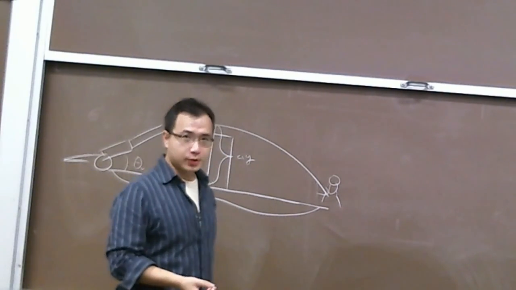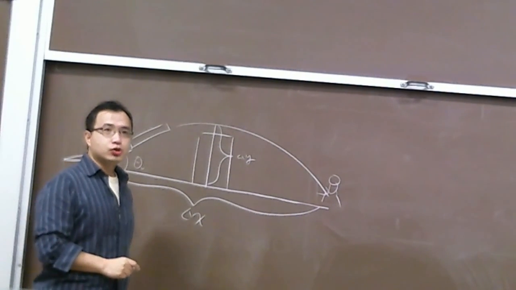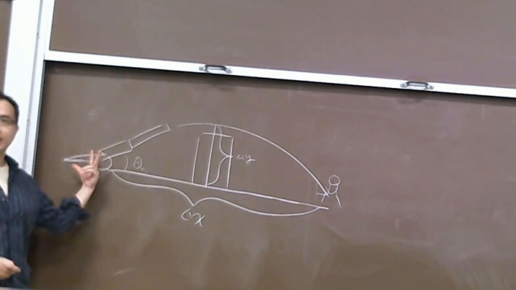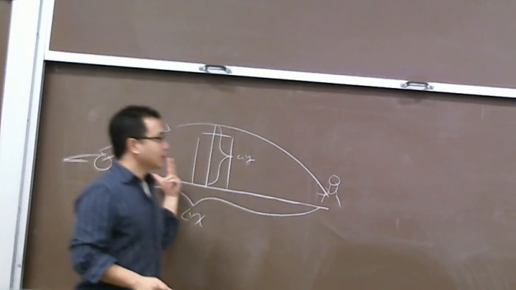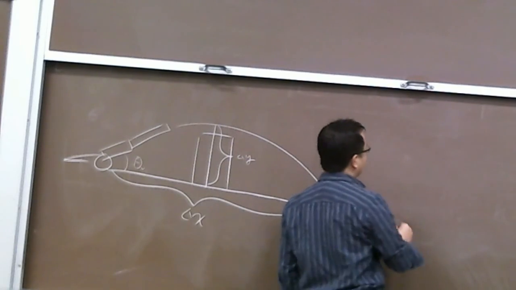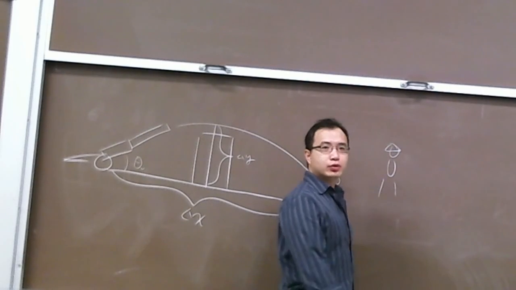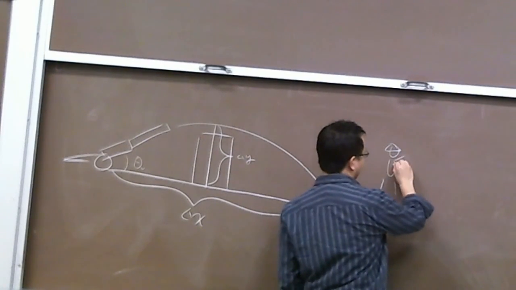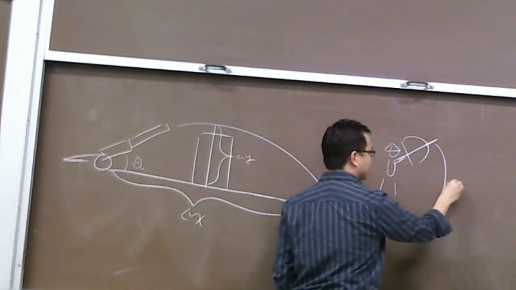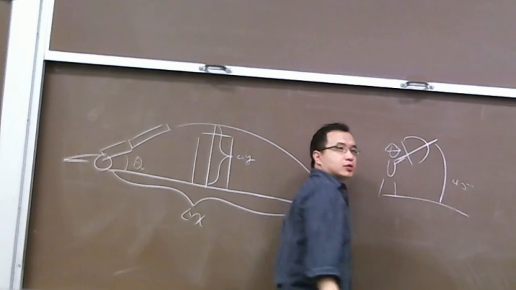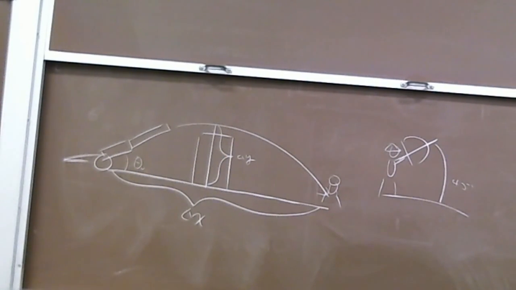In fact, from experience, people know that to get the maximum range, you should make the angle roughly 45 degrees. Even the ancient archers knew that to fire an arrow a very long distance, they had to point the arrow at 45 degrees. They knew this from experience, but we are going to show it from our calculation.